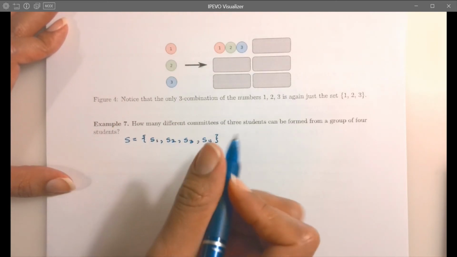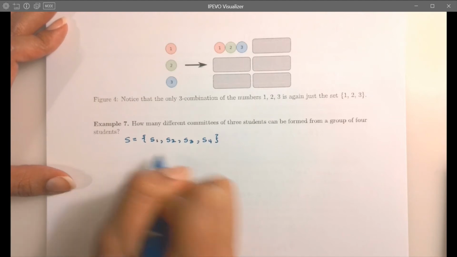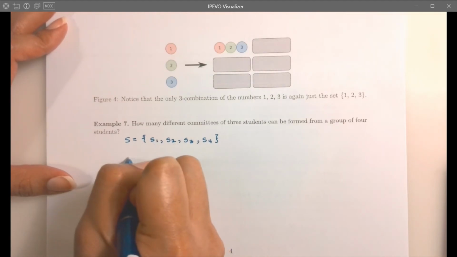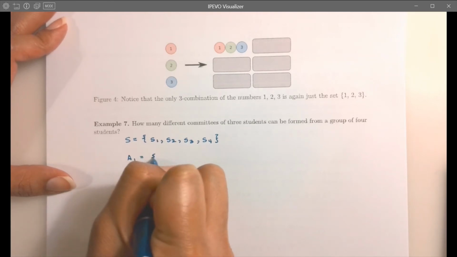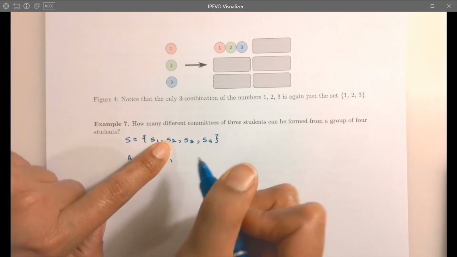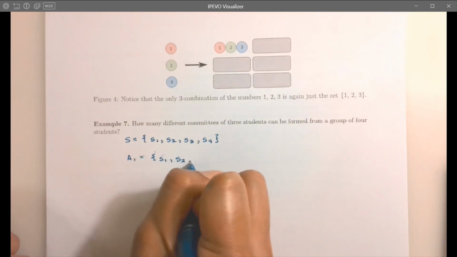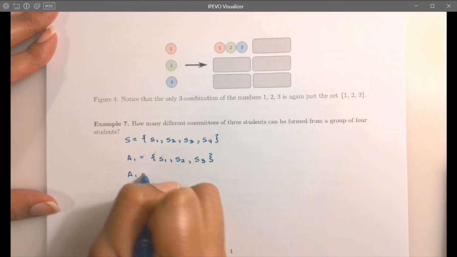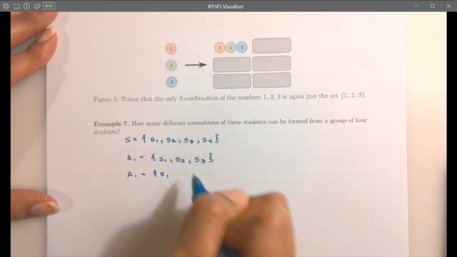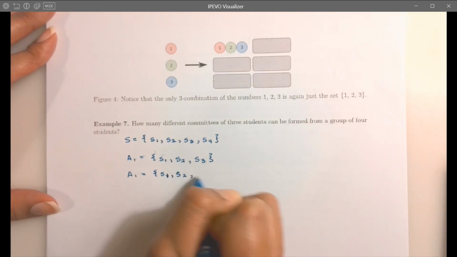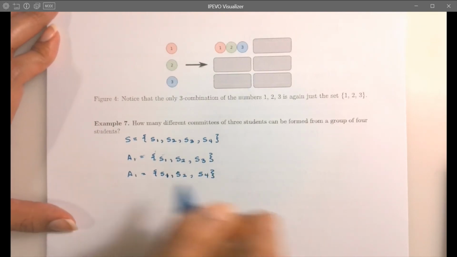So one possibility is the first subset, which contains student 1, and we could have student 1 combined with student 2 and student 3. Another one could be student 1 combined with student 2 and student 4.